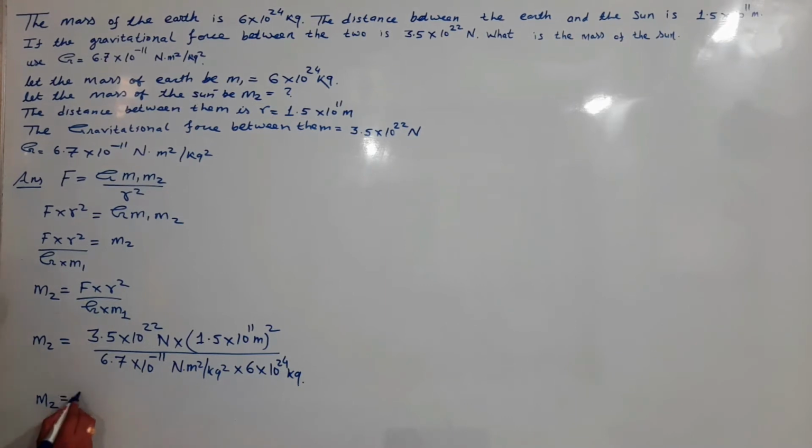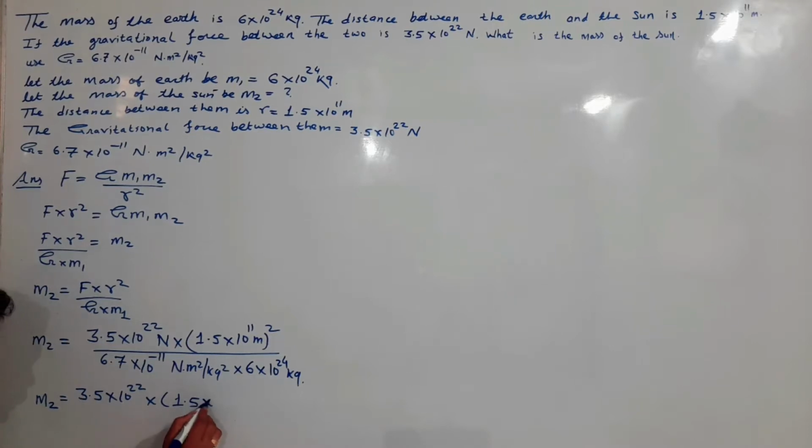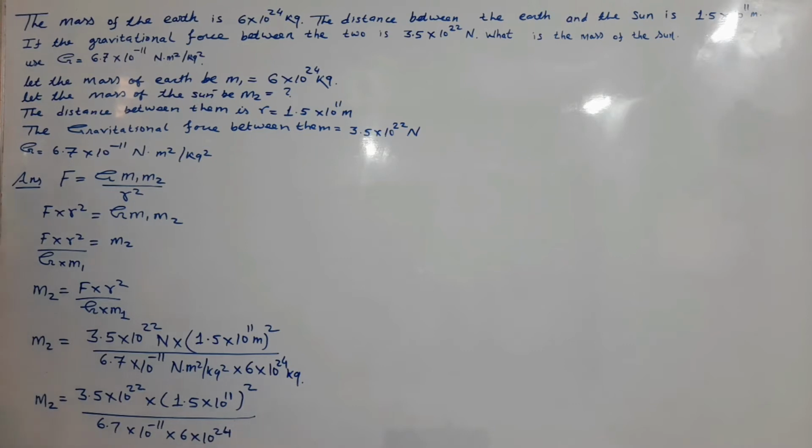m2 is equal to 3.5 into 10 to the power 22 into 1.5 into 10 to the power 11 whole square upon 6.7 into 10 to the power minus 11 into 6 into 10 to the power 24.